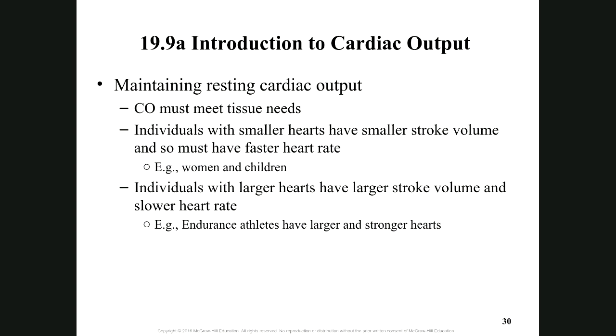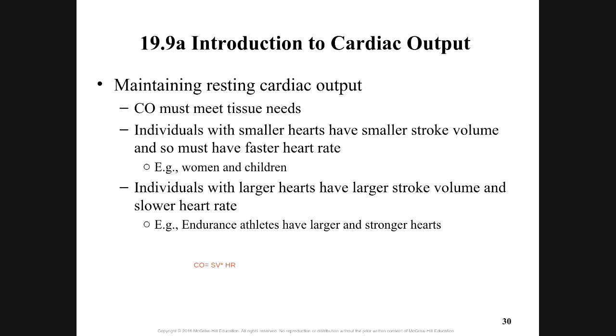So, as you know, the cardiac output is equal to stroke volume times heart rate. So when the stroke volume decreases due to the smaller heart, our heart rate should increase.